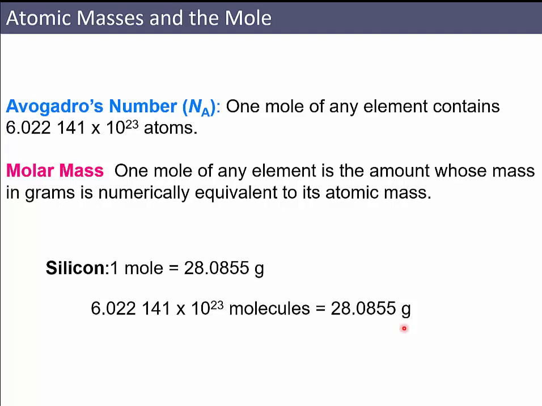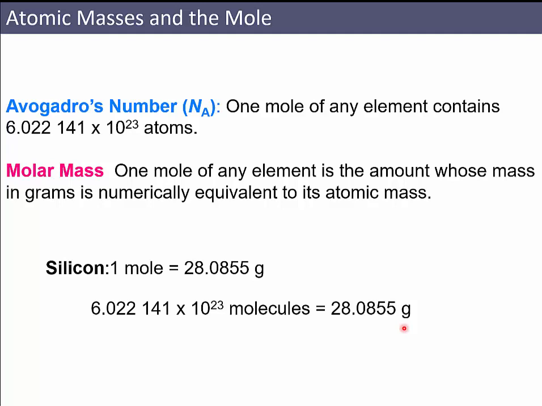Why is this number so big, you might ask? Part of that has to do with the scale that people were working with, particularly Avogadro, back when they were doing these experiments. You can't get down to an individual atom. It's really hard to do that even with the technology now, much less the technology they would have had in the 1700s. So you needed to work on lab scale.